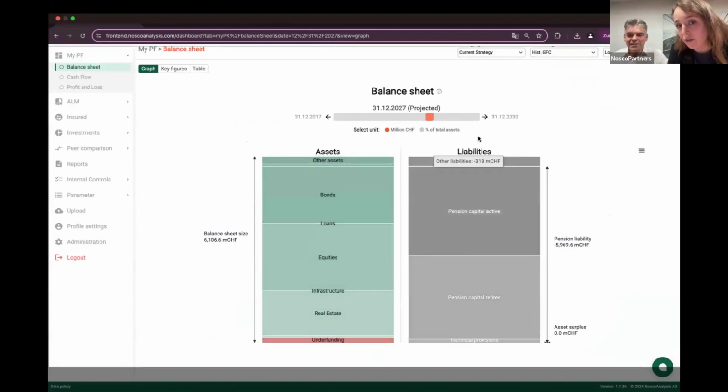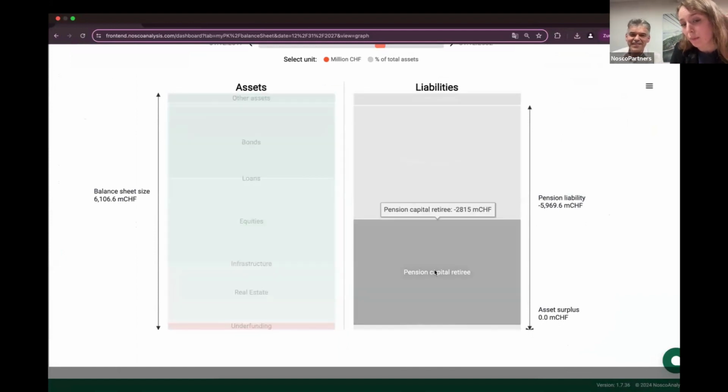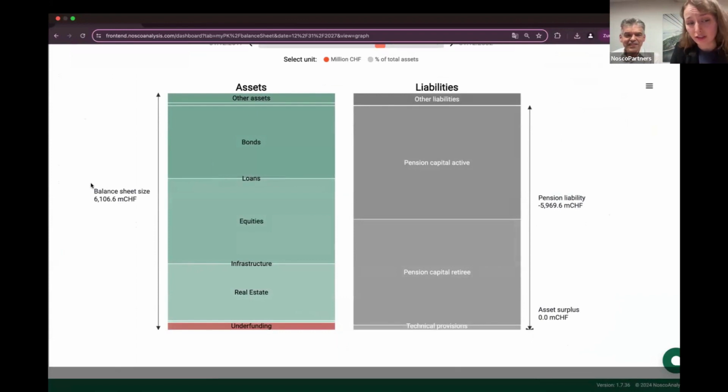So now, if we were in 2027, the asset surplus is gone. All the reserves were used to cover the payments to the retirees. Also, the balance sheet size has shrunk, and the pension fund is experiencing underfunding.